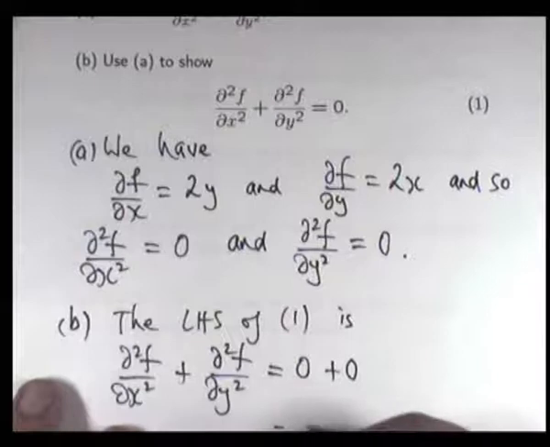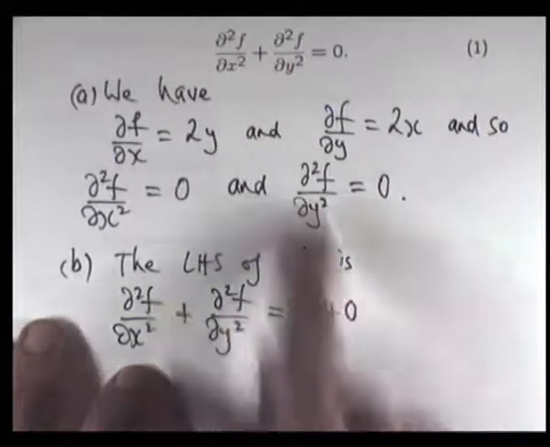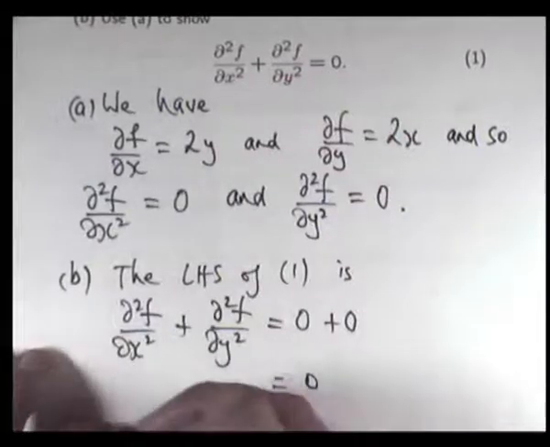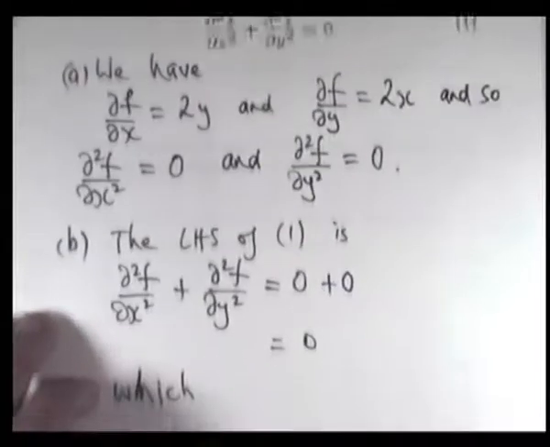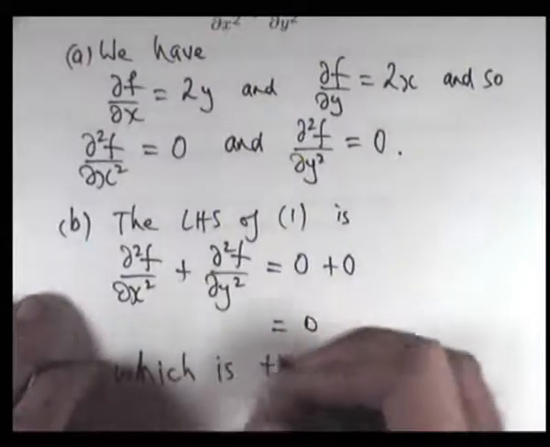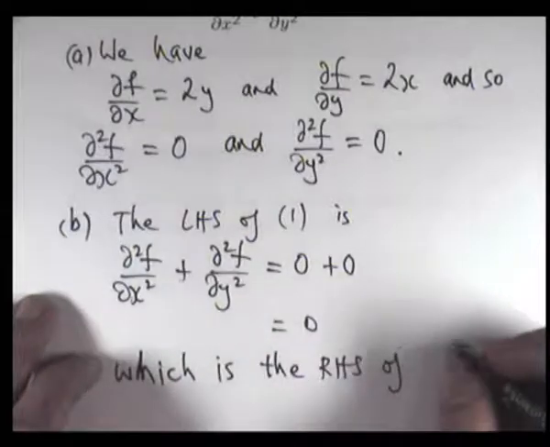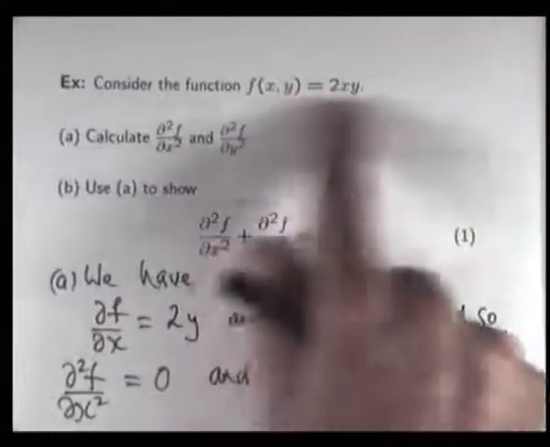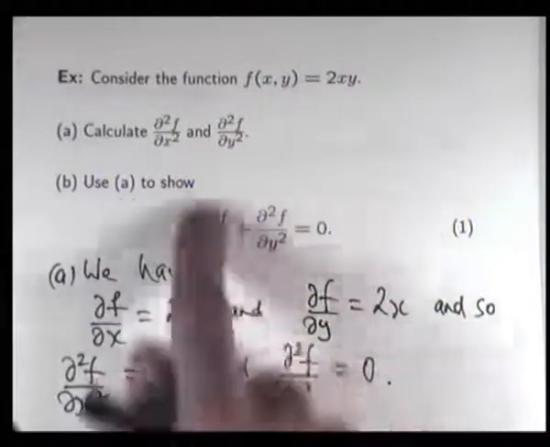And so we get 0, which of course is the right-hand side of 1. Okay, so we've shown that the left-hand side and the right-hand side are equal. Therefore, what does it mean? This function must satisfy this equation.